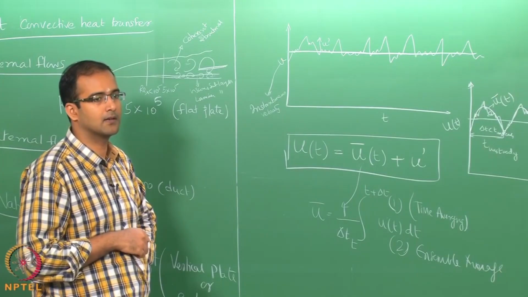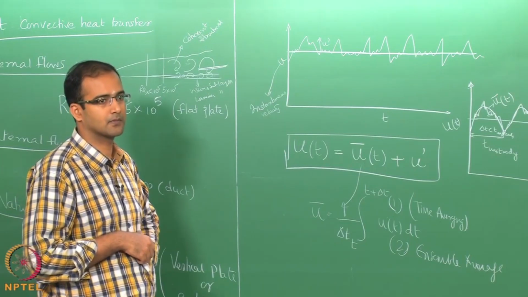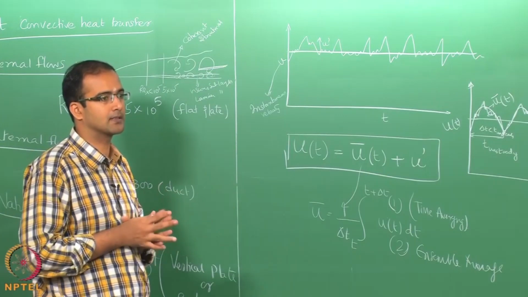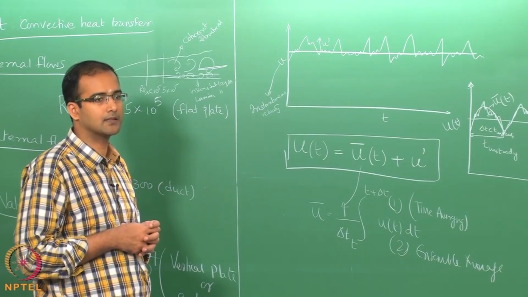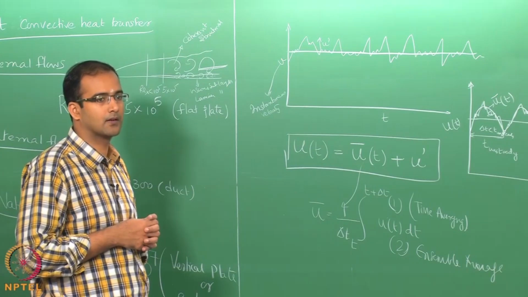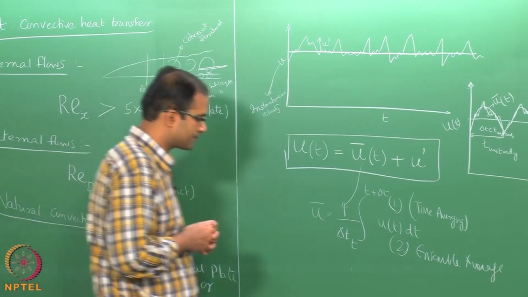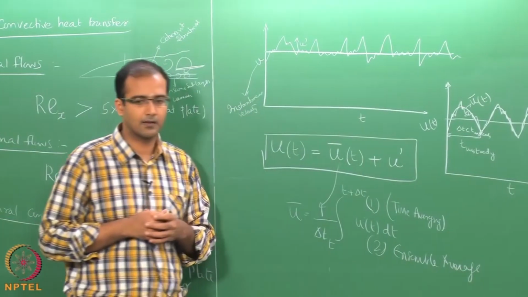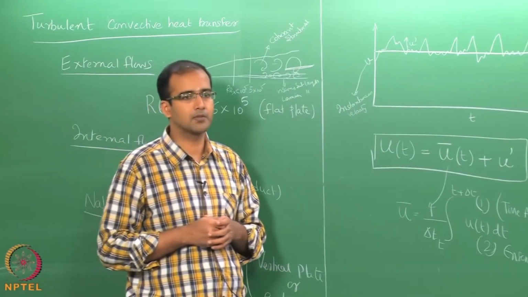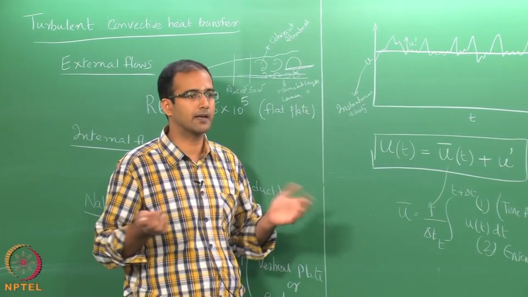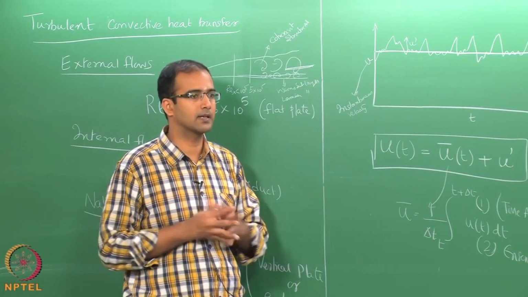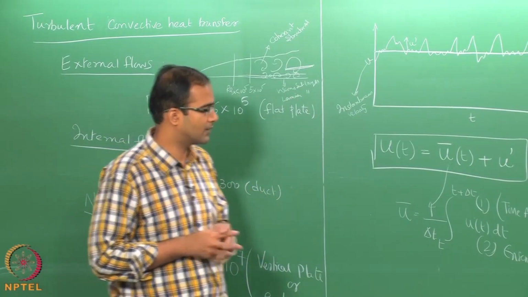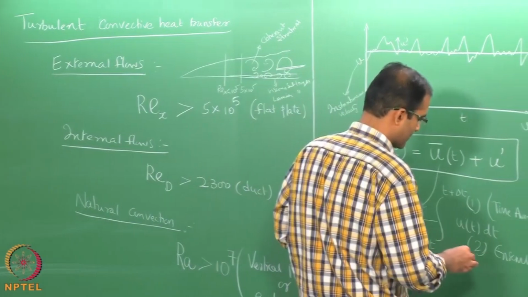So, you have several sets of data, and then do a statistical averaging of all these different repetitions. That is called ensemble averaging. Anyway, for the simple cases, and also considering incompressible flow regime, people say it does not matter whether you take a time averaging or ensemble averaging, they both lead to the same set of equations. So, we do not have to worry too much about this for incompressible flows.